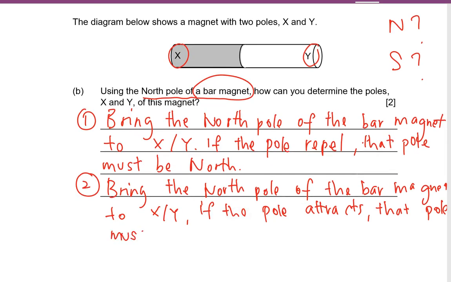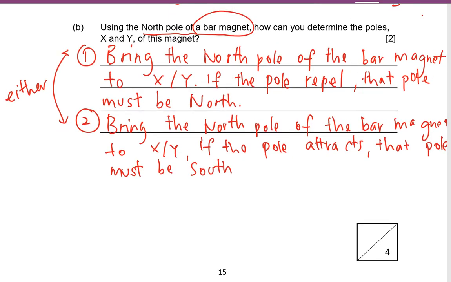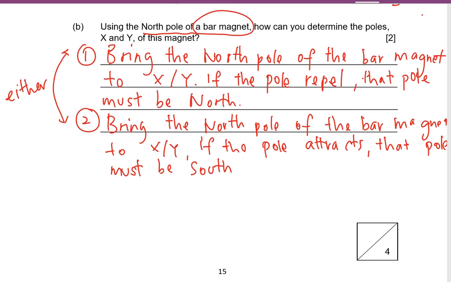The opposite pole must be south. So you can either write one or you can write both. Alright, my suggestion, just one will do. Choose either one. No need to write both, because if it attracts, I already know that it is an opposite pole. So you don't have to write two different versions of the answer.